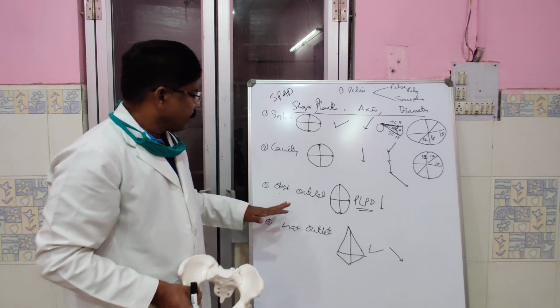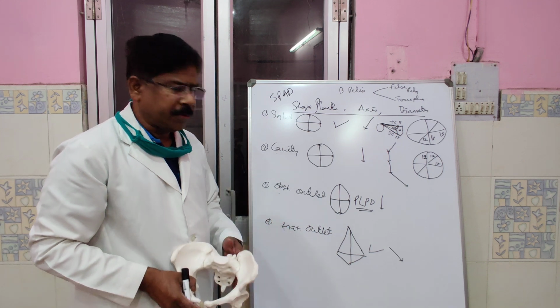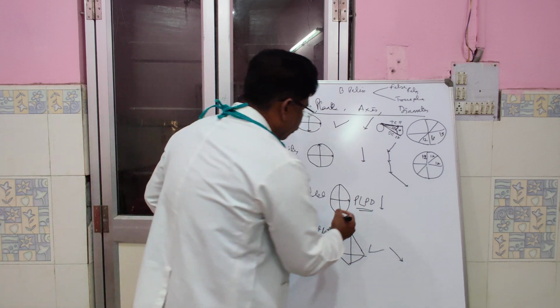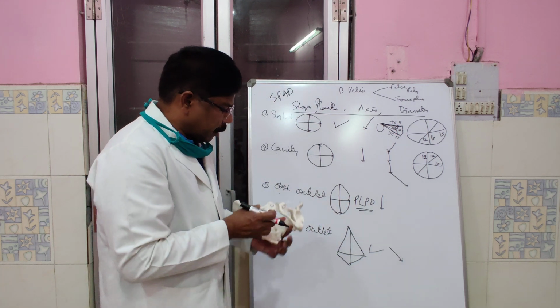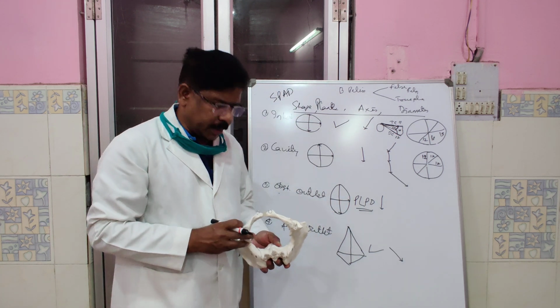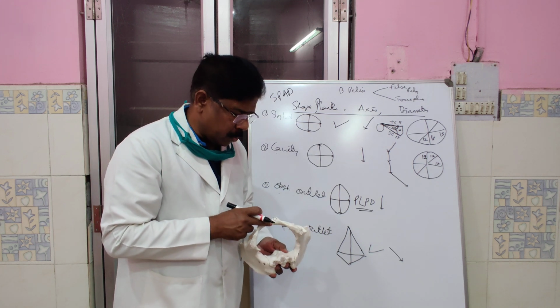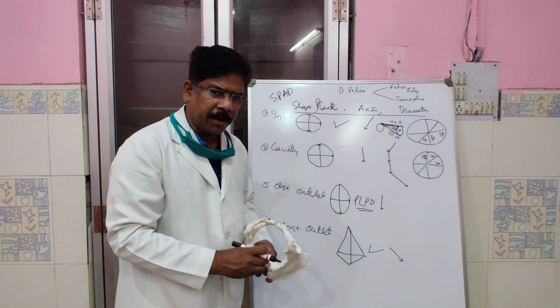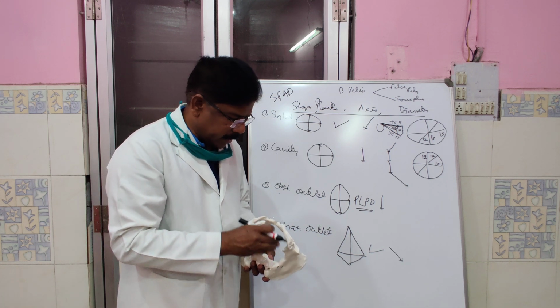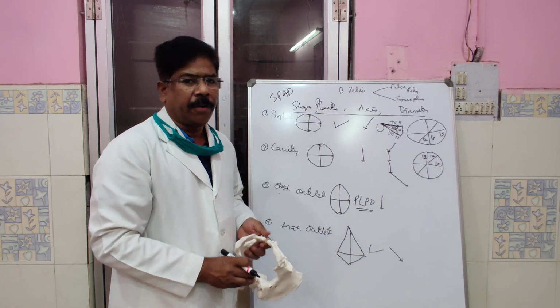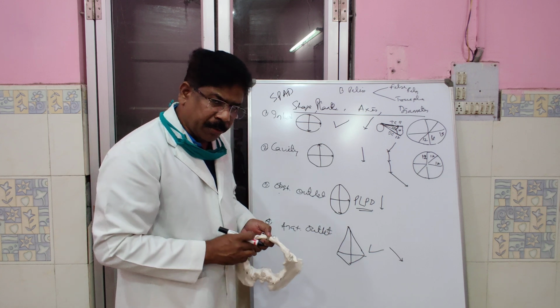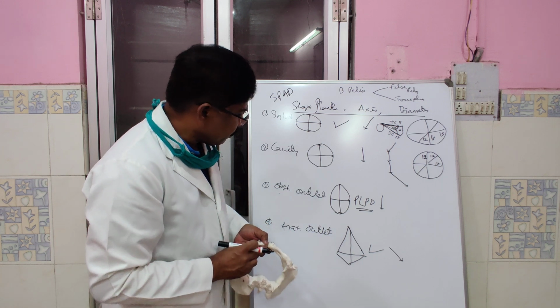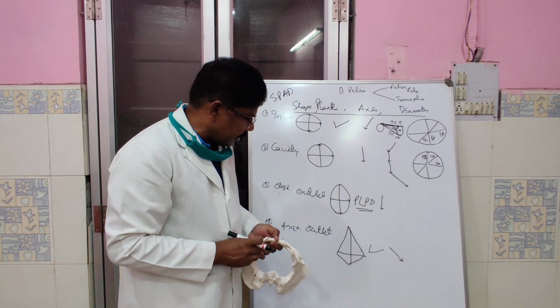So let us know the diameters of the obstetrical outlet. As you know, the plane of the obstetrical outlet is the lower border of the symphysis pubis to the ischial spine to the tip of the fifth sacral vertebra. At this level you will get the different diameters. The anteroposterior diameter is bigger than the transverse diameter.